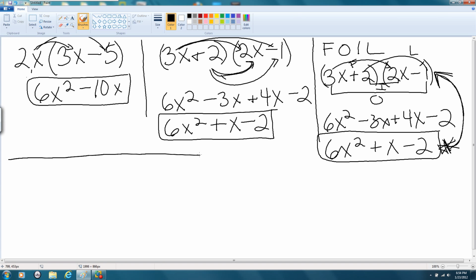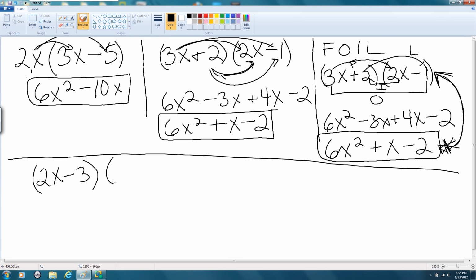So I'm going to draw a line across here. I'm going to do a trinomial and a binomial. So let's say I have 2x minus 3, and I'm going to multiply it by 3x squared plus x minus 6.